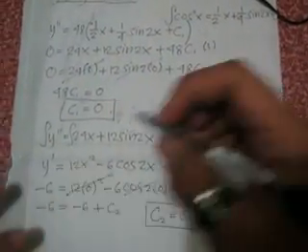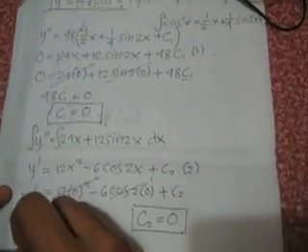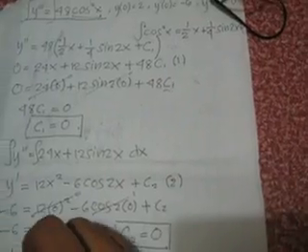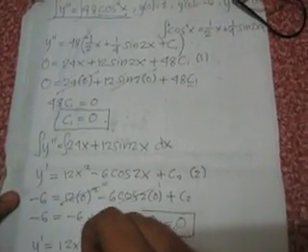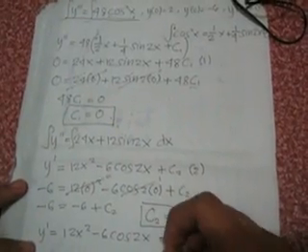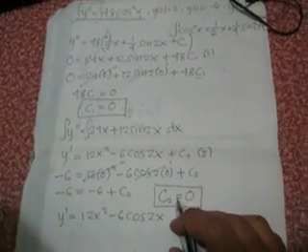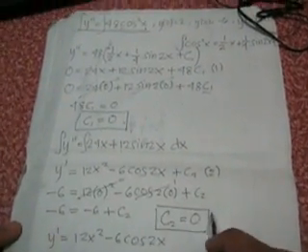So y prime is equal to 12x squared minus 6 cos 2x plus c2, which is 0. Never mind the c2.